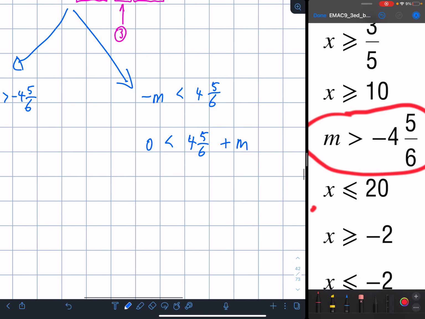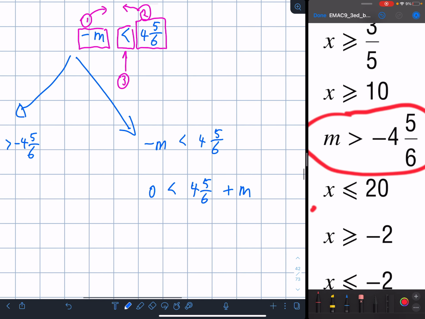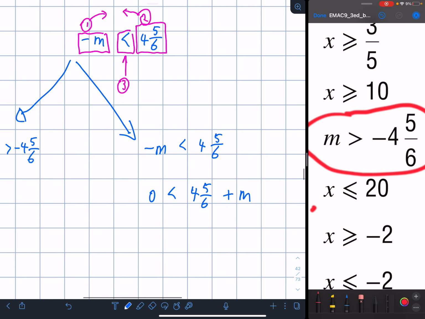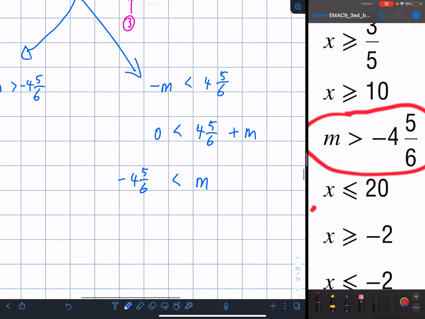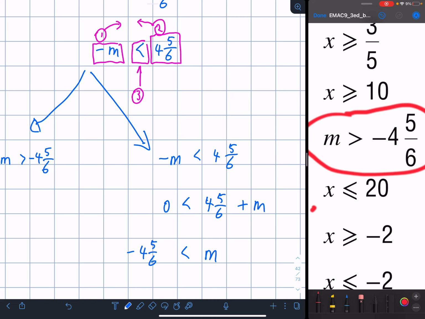And then secondly, we're doing the 4 and 5/6. We're moving from the right hand to the left hand side, so it's another inverse operation. So it will become negative 4 and 5/6 is less than m. And then finally, our last part is we're doing the switch.